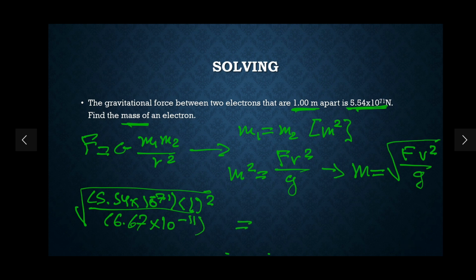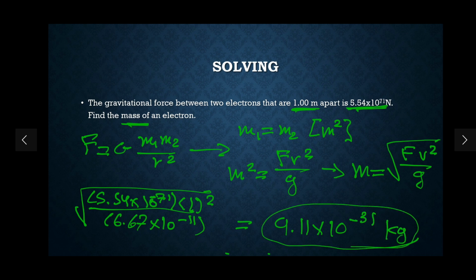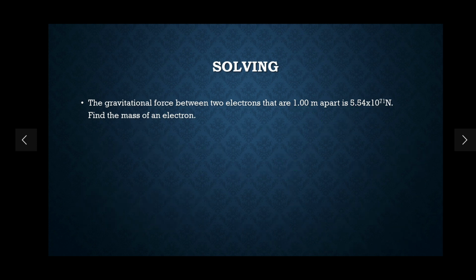We get that the mass of a single electron is 9.11 times 10 power of negative 31 kilograms. So we found that even the smallest particles, like an electron, do exert gravitational forces on each other.